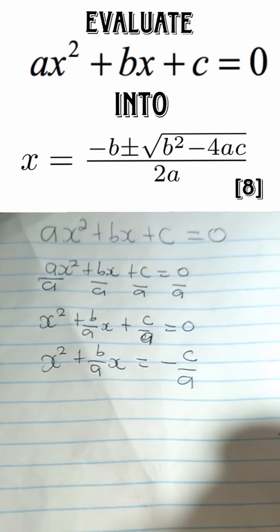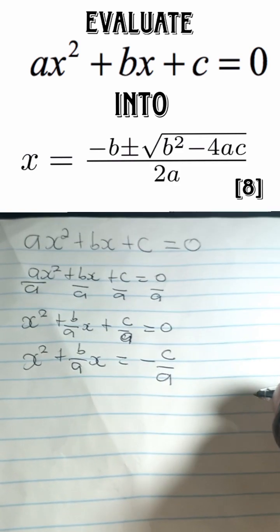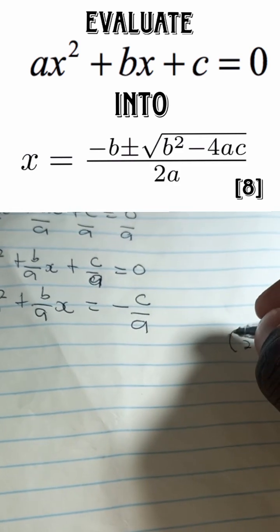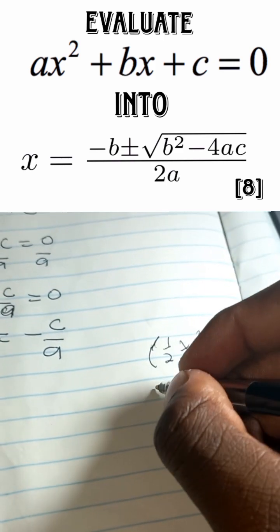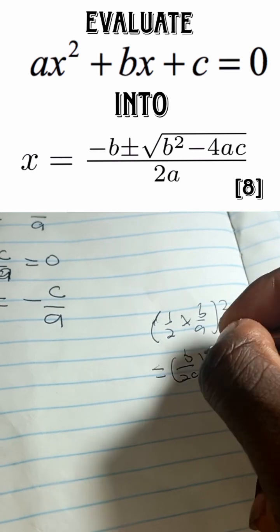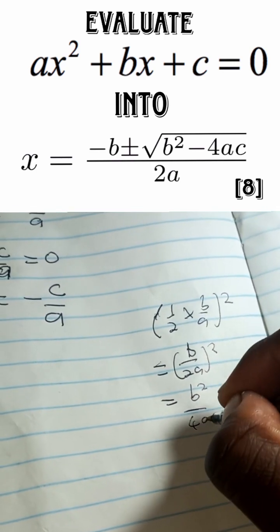Then the third step, we take the coefficient of x, which is b over a. We halve it and square it, and add it on both sides. The answer is going to be b over 2a squared, which is b squared over 4a squared.